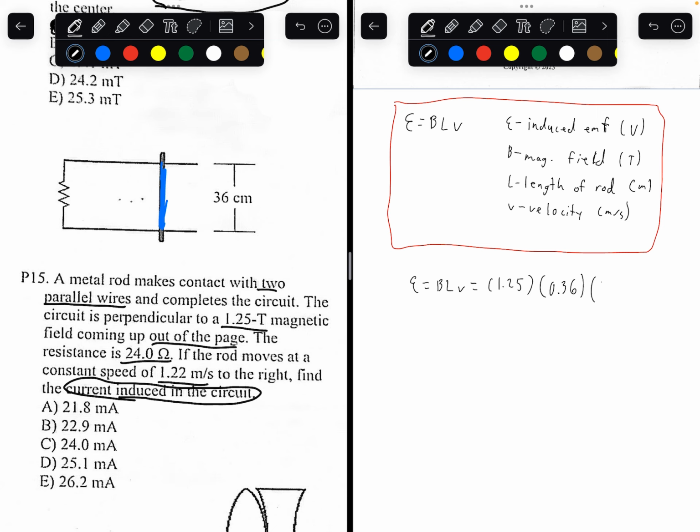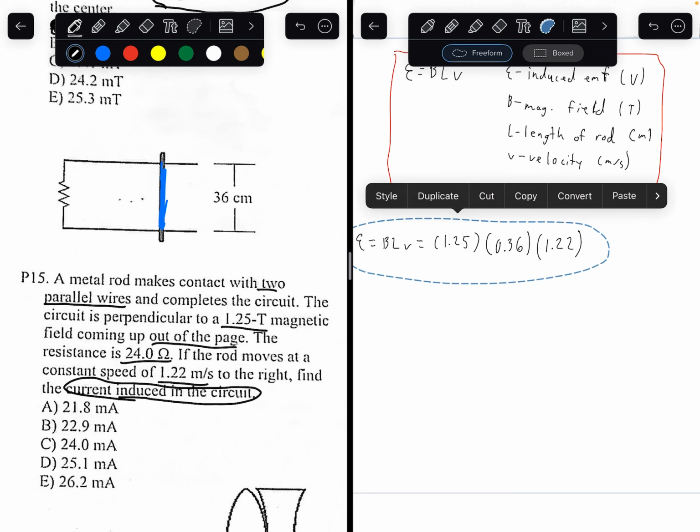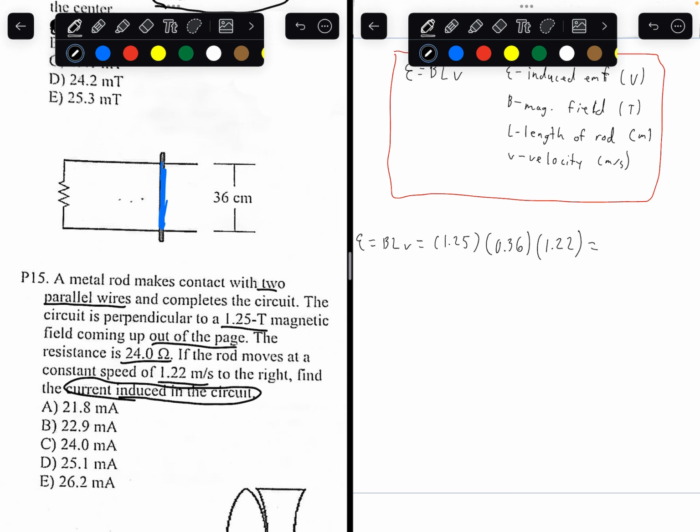And the velocity of the rod is 1.22 meters per second. So solving this out, you would get 0.549 volts. That's the induced EMF on the rod.